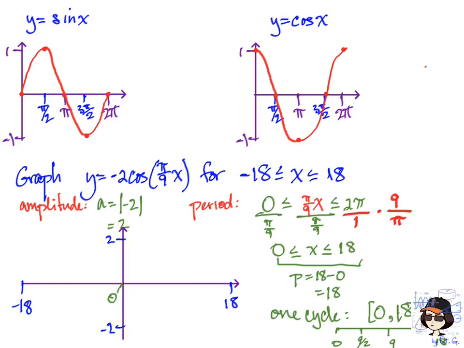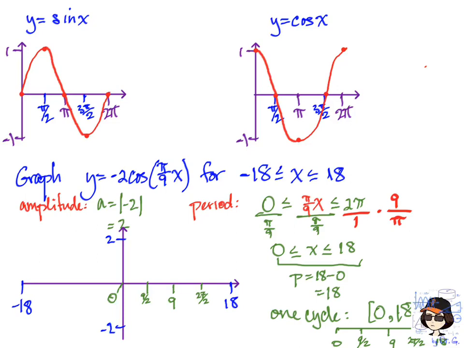And then the other one is going to be 9 plus 18 divided by 2. So that one is 27 over 2. So those are the 5 key points, and we got that by the way that we found the period. All right, so let's mark our x-axis with 9 over 2 and 27 over 2.